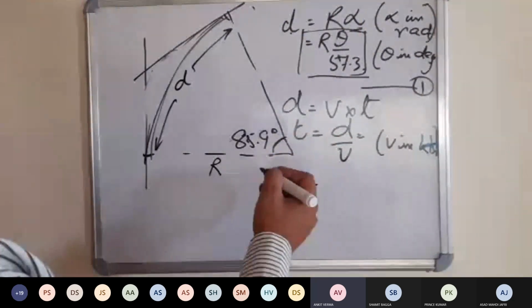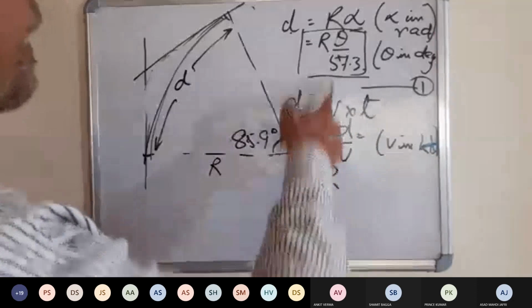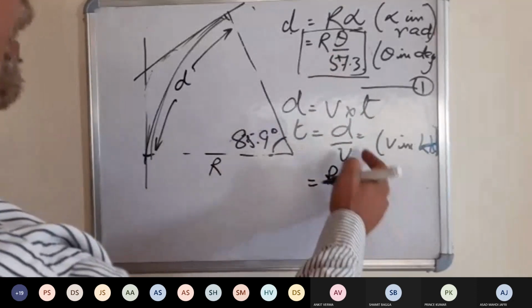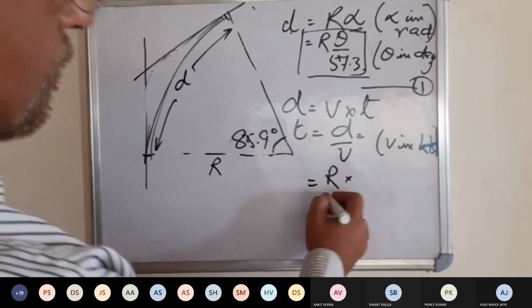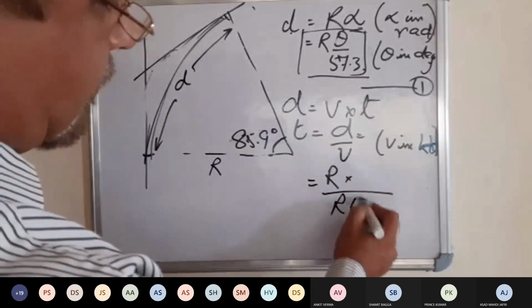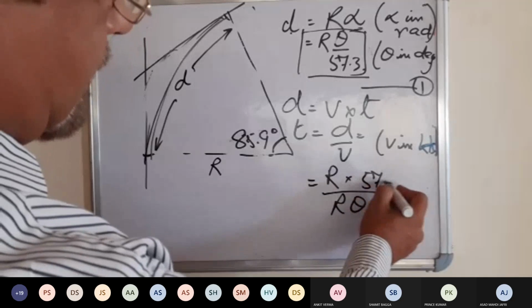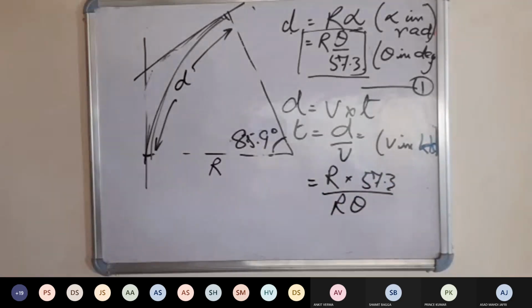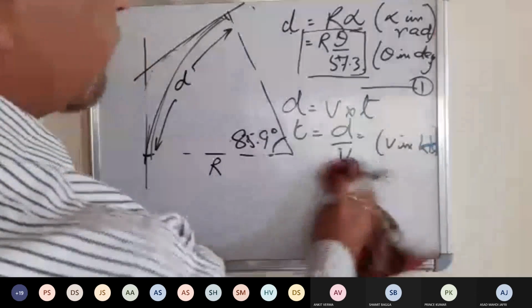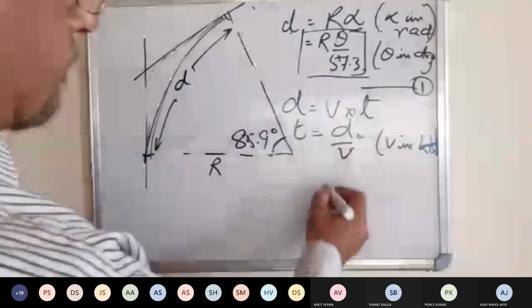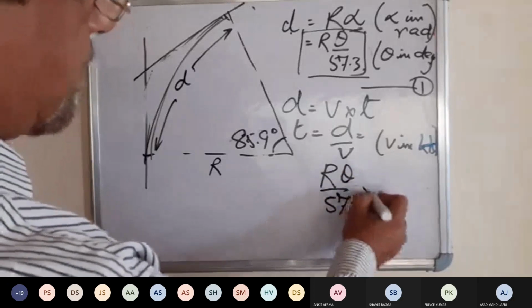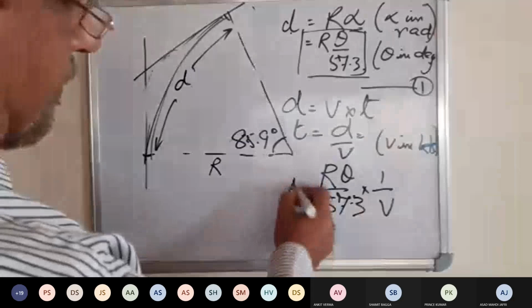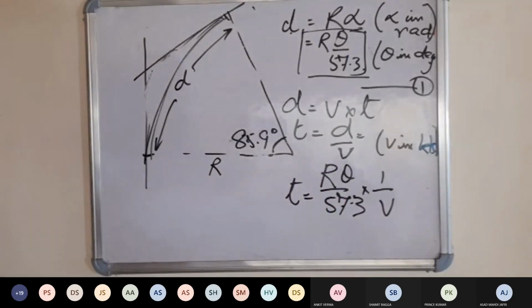Okay, so that means t is equal to d by v, and d की वैल्यू यहाँ डालें, तो this will be R theta divided by 57.3 into 1 by v. Correct? Yes, sir.